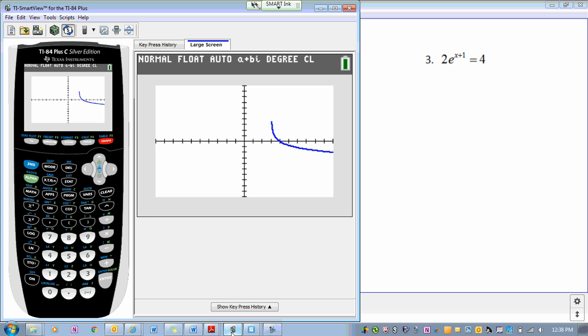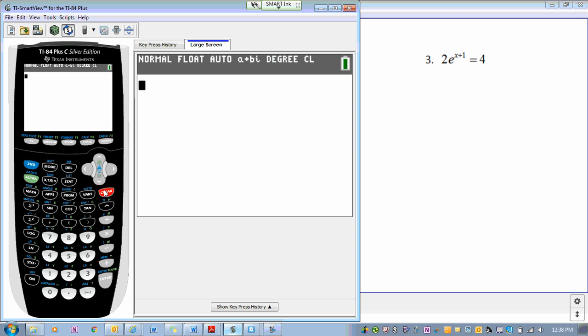That was pretty easy. I'm going to do log of 4 plus 3. That's a decimal. Good, you can get a decimal. Let's round it to 3 decimal places: 3.602.